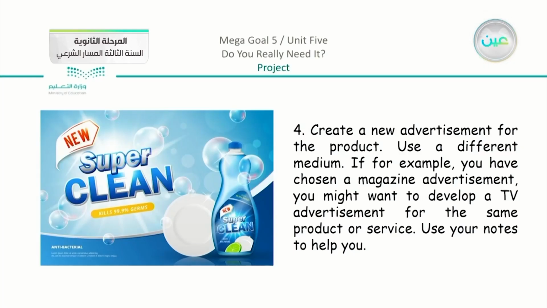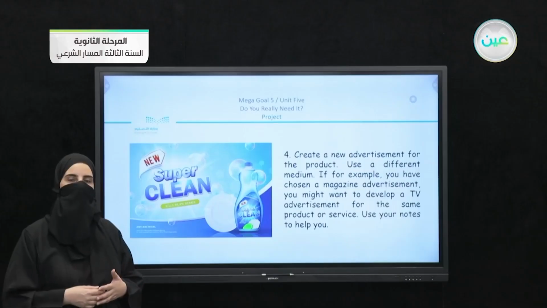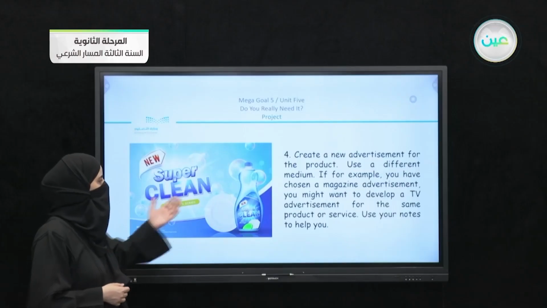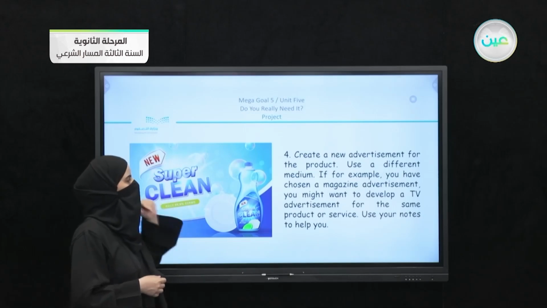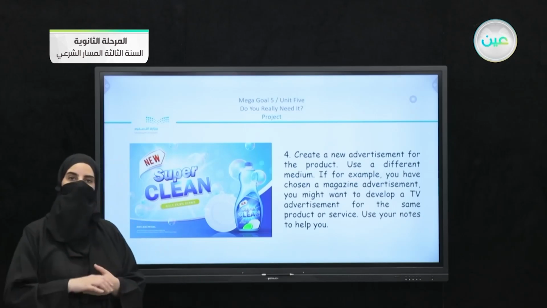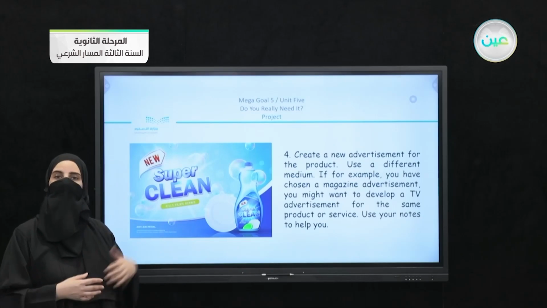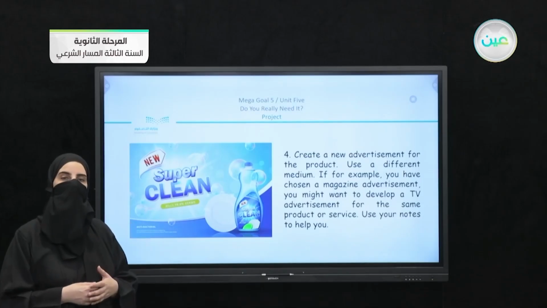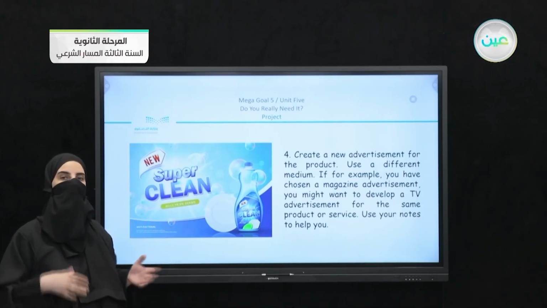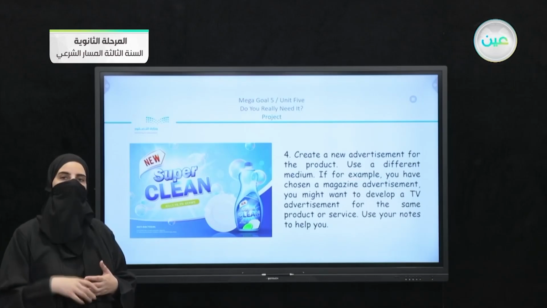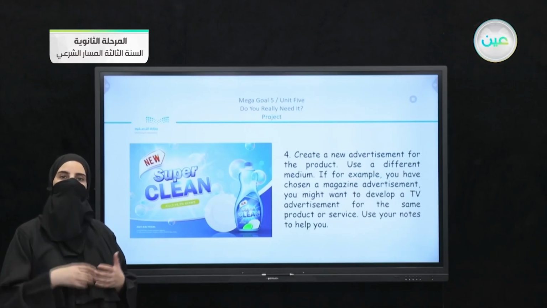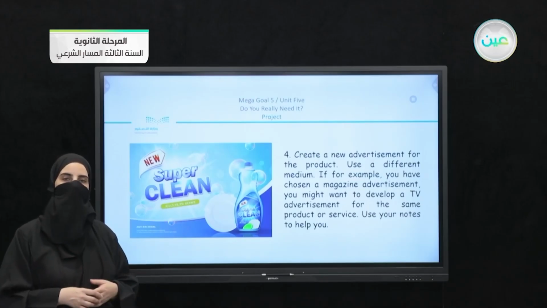So as we have just discussed, here you can find in the book the same instruction to just think about something else. So for example, if you have seen a dishwasher liquid, or a kind of soap, in a magazine or on a billboard, think about how you can turn it into a TV advertisement, how you can attract more people to use this kind of product.